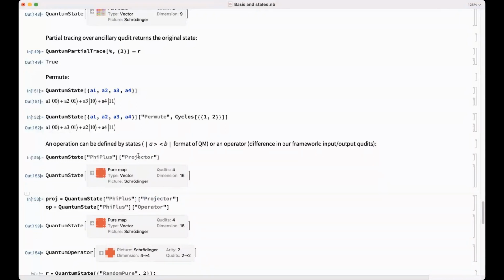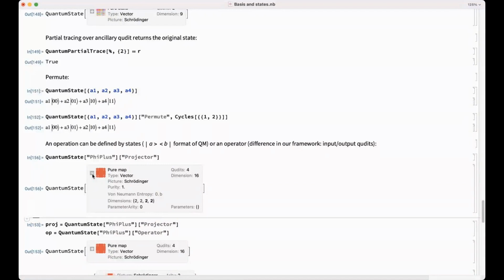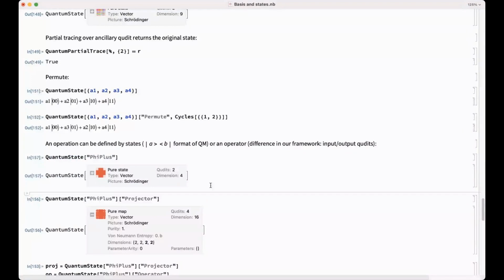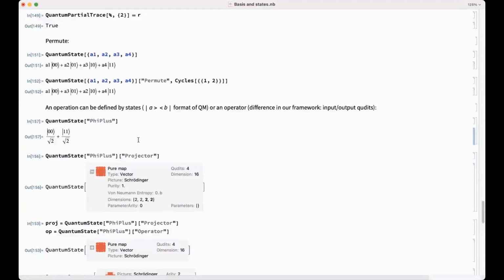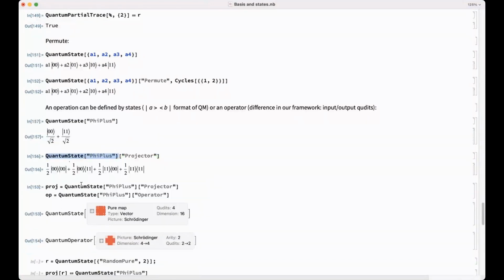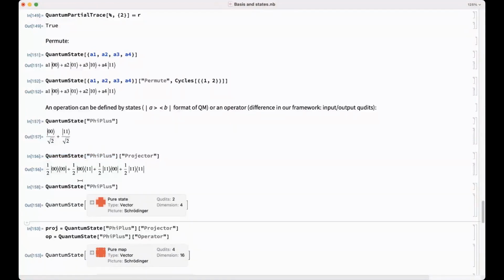A projector, first of all, doubles your number of systems, so the number of qubits. Before it had I plus this two qubit state. A projector doubles the number of qubits, and it doubles it in a way that creates not an input one, but an output one. And this is kind of a hacky way, because now you can ask, does it look like a state anymore? And you're right, because it's not a state. It's a little bit of a hack.